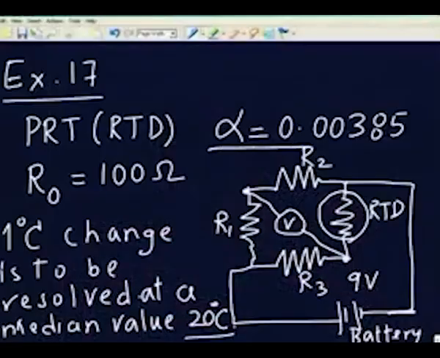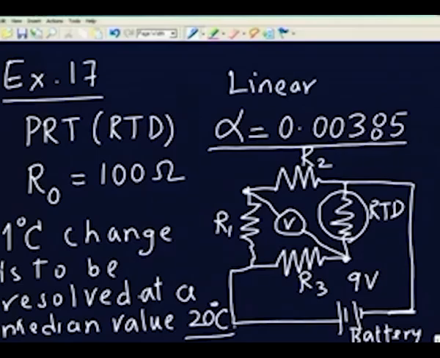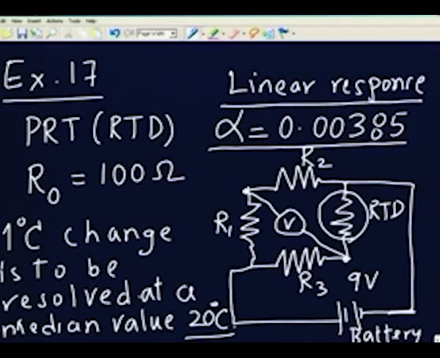And of course, we will assume that the Callendar correction is not important. So, we are going to use a constant alpha model, which means that I am going to use a linear response model. That means alpha is assumed to be constant. So, we can look at it like this.